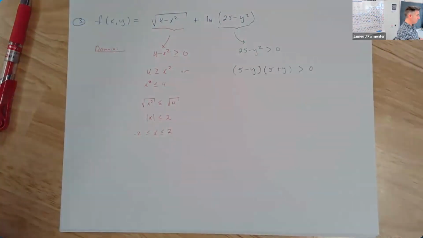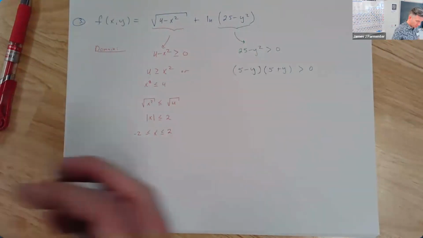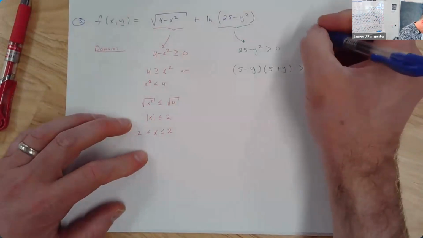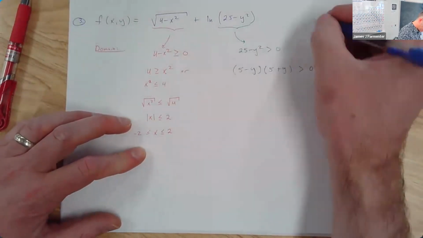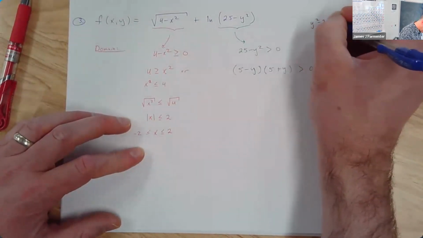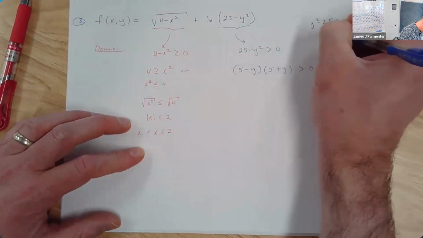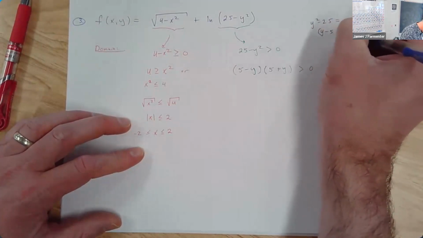It is 5 minus y and 5 plus y, not y minus 5 and y plus 5. It's a slightly different thing, but it is specifically different, because 5 minus y and y minus 5 are negatives of each other. So just in case you're curious, y squared minus 25 would factor as y minus 5 times y plus 5.